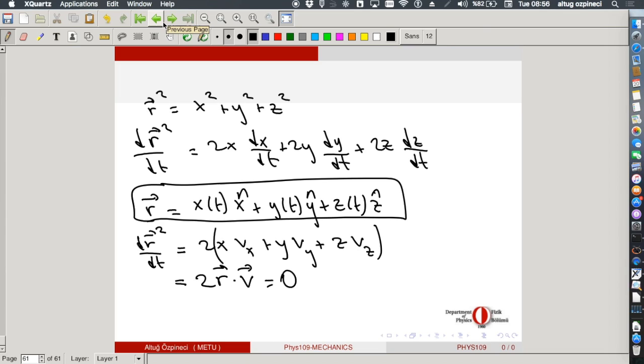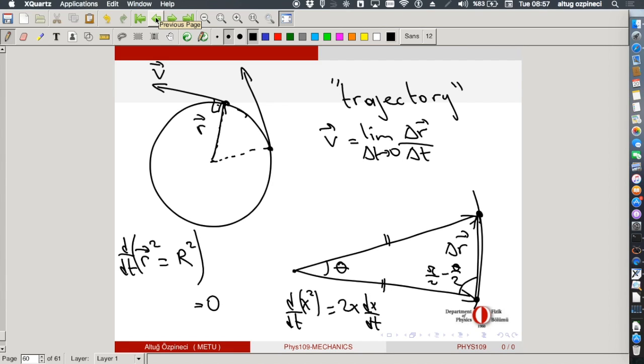So now we know that the velocity vector is perpendicular to the radius vector in uniform circular motion. Another way of looking at the same thing is to imagine some axis along the radial direction. Its position along this axis shouldn't change for a very small amount of time, because if it does, it would mean that it is getting away from the origin, that it is not moving on a circle.